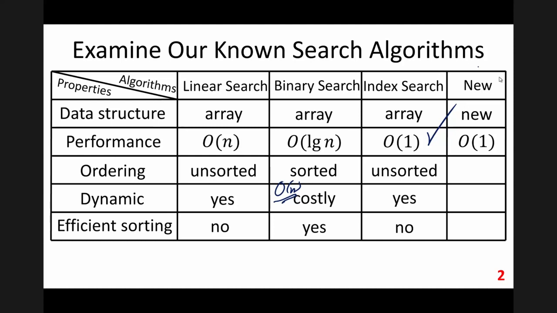It could be a little slower than big O of 1, but you want to be close to big O of 1. Unsorted, it's fine. You cannot ask for too much. If you ask for the best in everything, it's impossible. Remember, when we studied divide and conquer, 3 steps: divide step, conquer, combine.